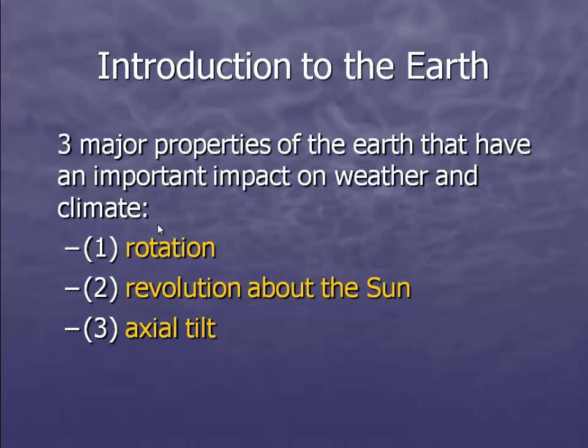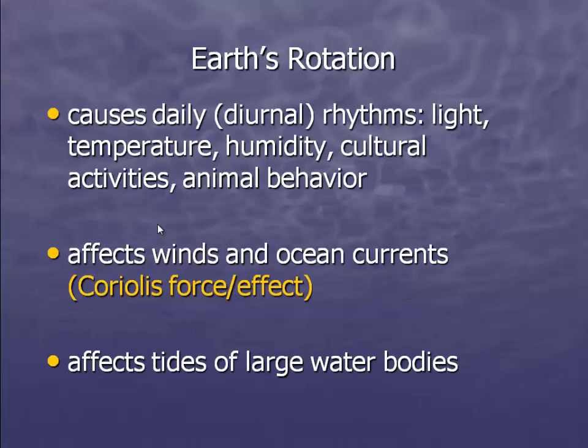So if you want to know the diurnal rhythms, where you're going to get X amount of radiation, where you're going to have certain temperatures, how long the days are, all of those things are governed by these three factors. First is rotation. Because the Earth rotates on its axis, a view from space would show the Earth rotating from left to right, causing diurnal rhythms in temperature, humidity, cultural activities, even animal behavior.